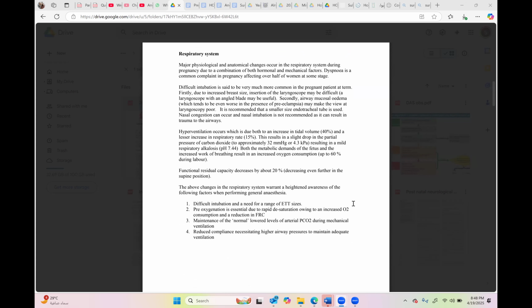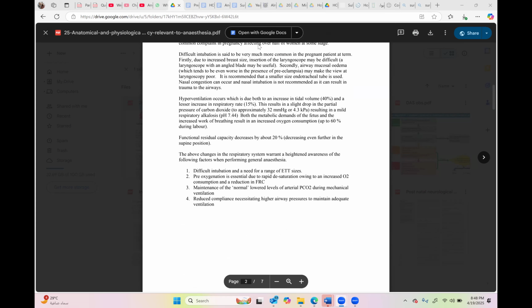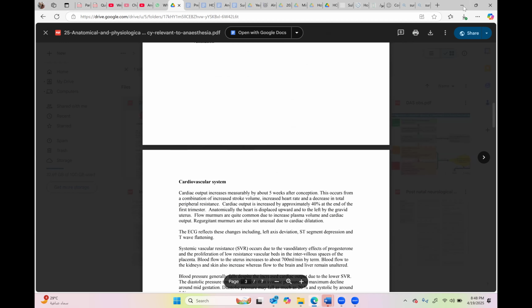Yes, sir. Regarding renal effects, GFR increases and creatinine levels decrease. Creatinine clearance increases. No, but practically, is it important? No, sir. Everything is important, but the question is least likely to ask you what the physiological, pharmacological and anatomical changes in pregnancy are.